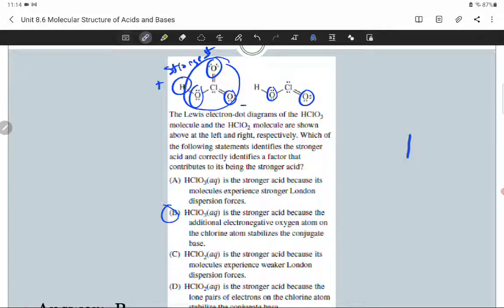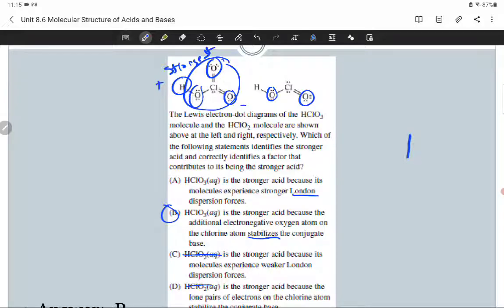Getting to the question, which of the following statements identifies the stronger acid? So we've already identified it has to be HClO3, so it can't be C and D. And is it because of London dispersion forces? No, we didn't talk anything about London dispersion forces. So it must be B, just by process of elimination. But what did they use here? Stabilize. And I don't really care for that term.